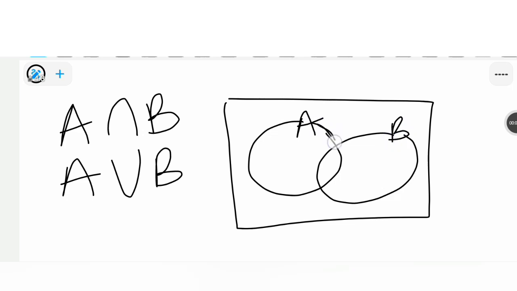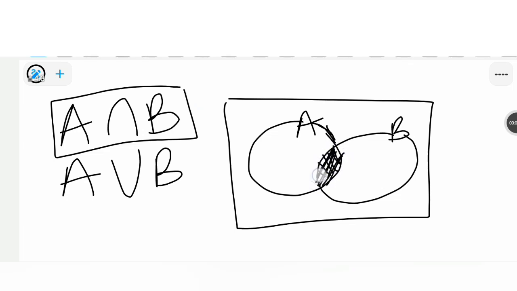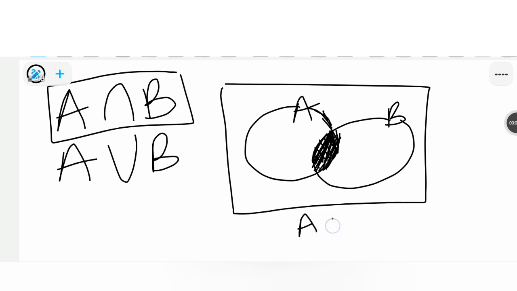Once it's like this, you can easily get the answer. A intersection B means what they have in common, which is this part here, where they are touching each other, where they meet each other. That's what they have in common. Okay, that's A intersection B. So this diagram is for A intersection B, what they have in common.